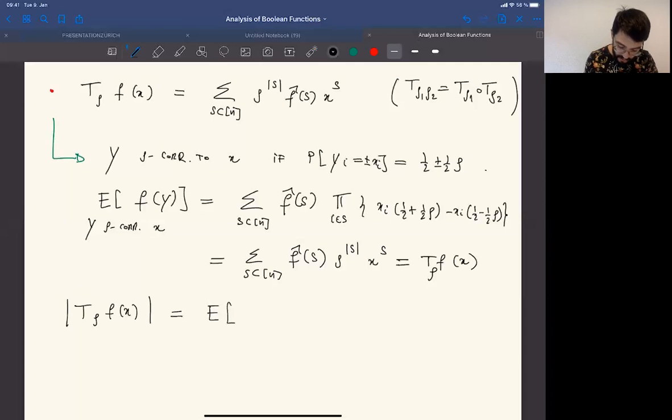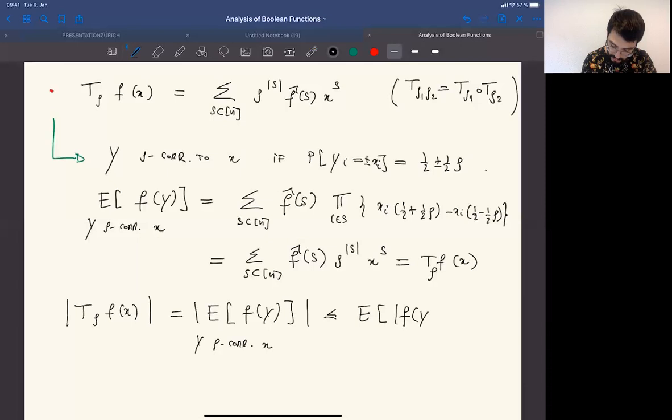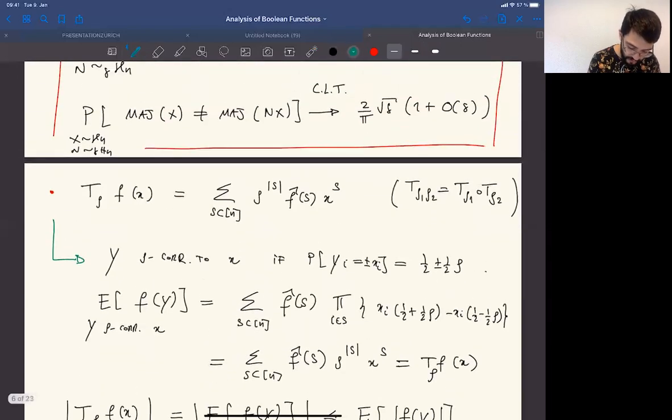This is the expectation in modulus of f(y), where y is rho correlated to the point x, but this is definitely less or equal than the expectation of the modulus of f(y), the same thing. But this is T_rho of the modulus of f at the point x. And this holds, of course, if rho is real. I'm assuming that rho is, okay, this I have to assume.